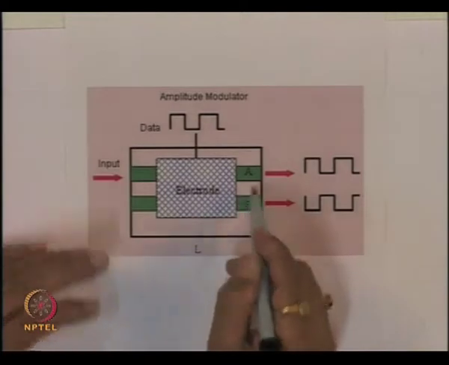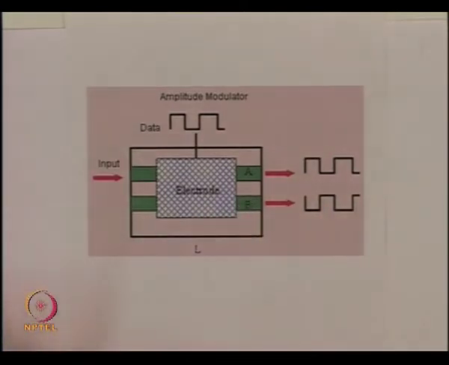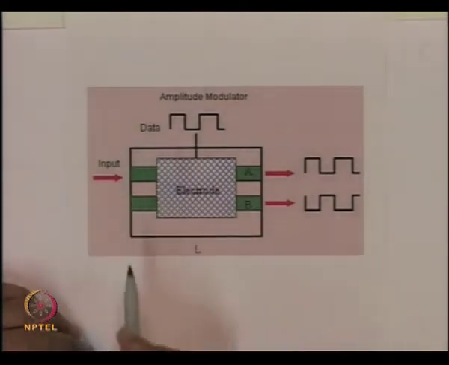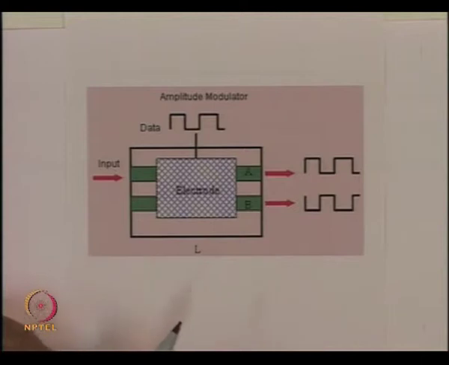And if we choose the dimension of the waveguide in such a way that when the voltage is applied, you get the length equal to coupling length, whereas when the voltage is not applied, that is equal to 2 coupling lengths, or vice versa.